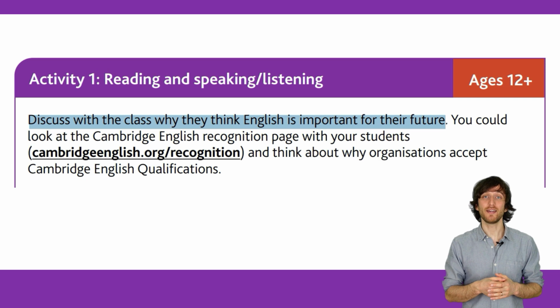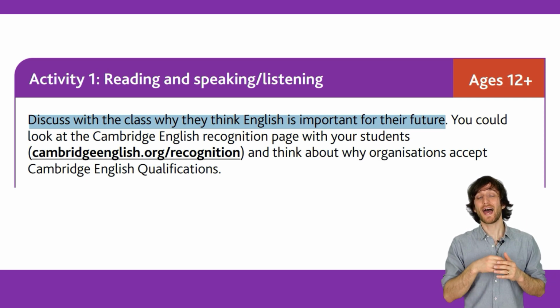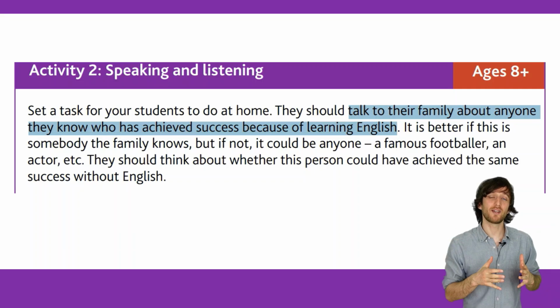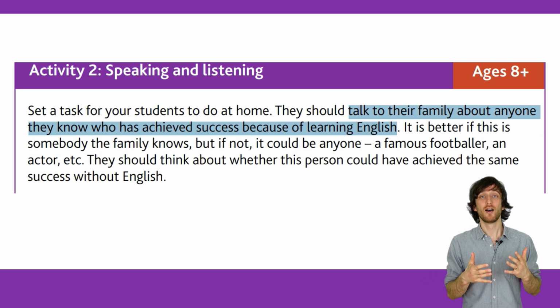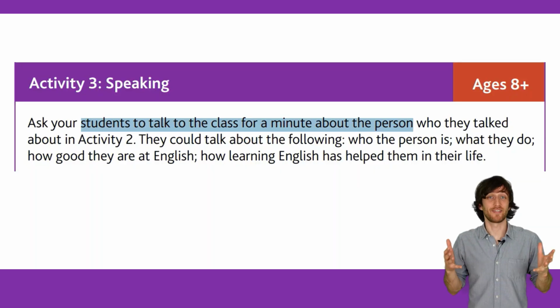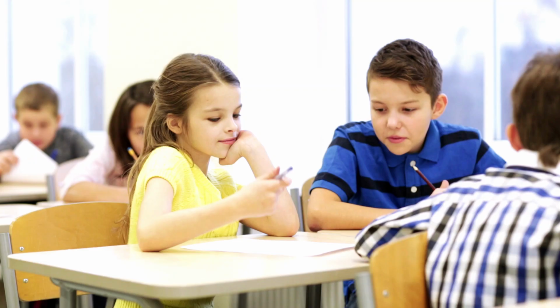In Activity 1, students first brainstorm and then share their ideas in a discussion. Then they get a real-life task to talk to their families about anyone they know who has achieved success because of learning English. After that, students talk to the class about their chosen person.